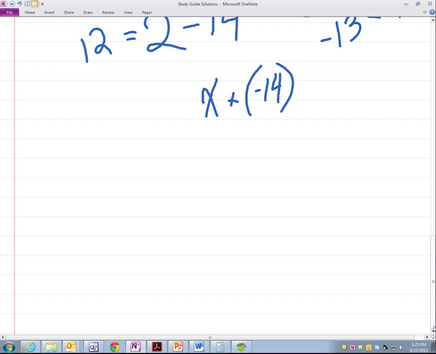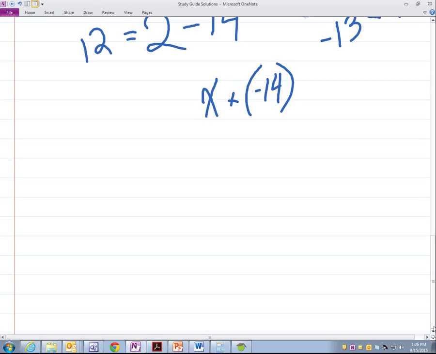Number 34 is a is greater than negative 21. Yep, because 9 minus 12 is negative 21. 35, you should have b is less than 2.